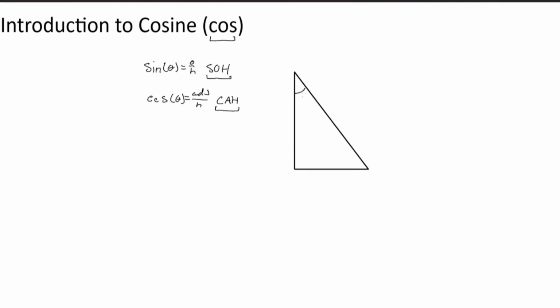If this is angle A, and this is angle B, the sine of angle A is always going to be equal to the cosine of 90 minus angle A. What this means is, let's say A was 30 and this was 60, the sine of 30 is going to be equal to the cosine of 90 minus 30.